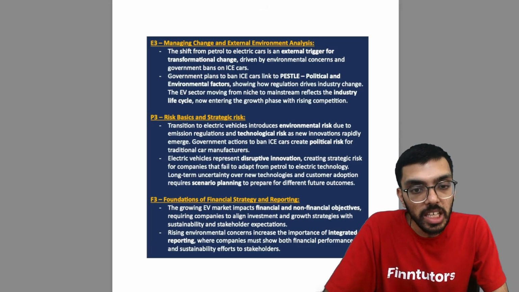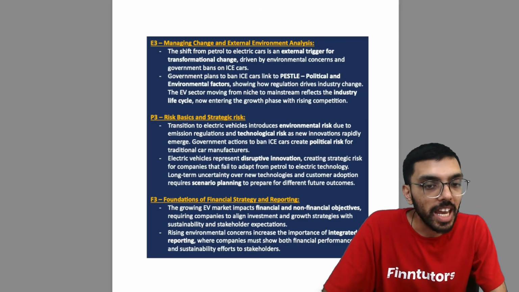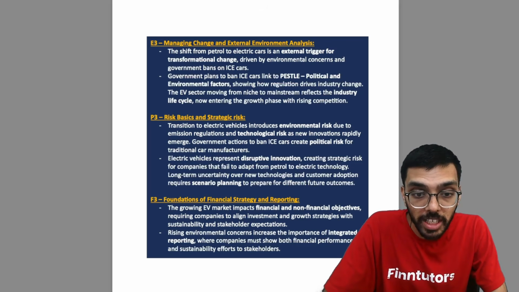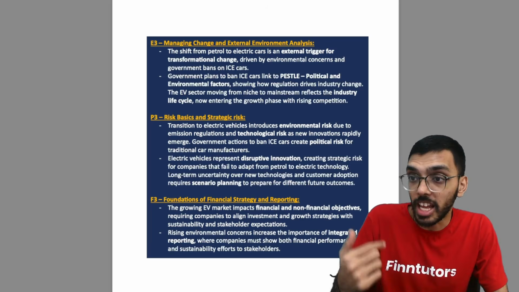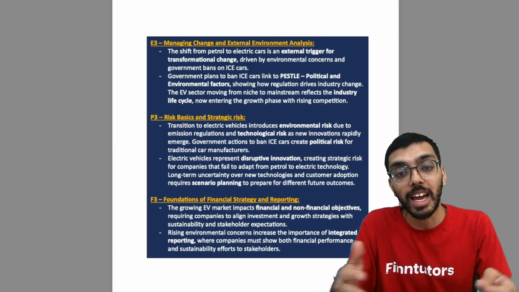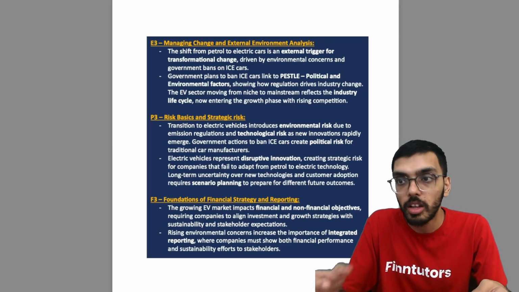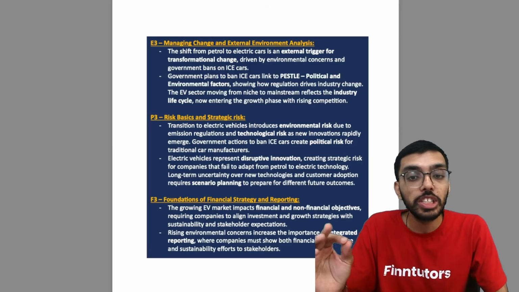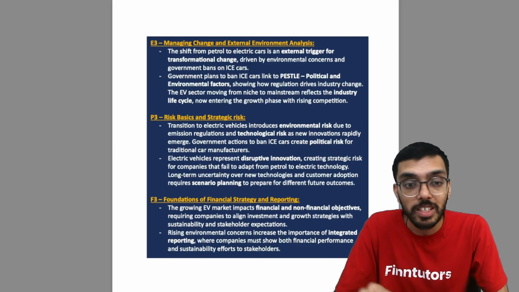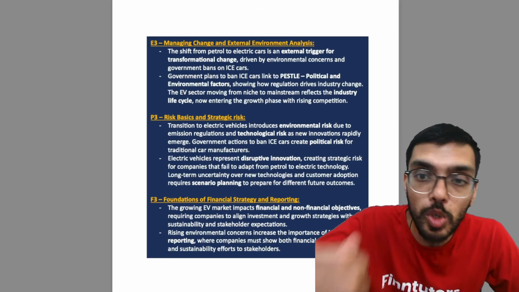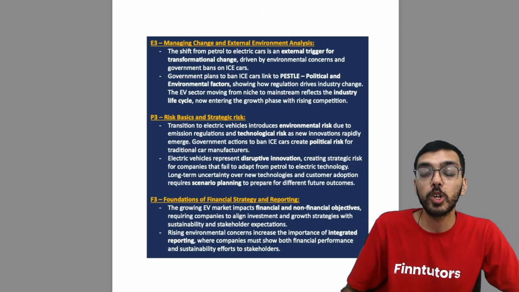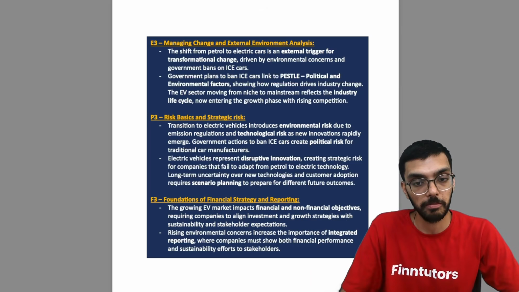Now the growing EV market impacts financial and non-financial objectives both for you as a company. Remember, you will have financial growth because this market altogether is growing, but you will have non-financial objectives or factors as well, which you will have to report, and which is becoming ever more important because of integrated reporting.